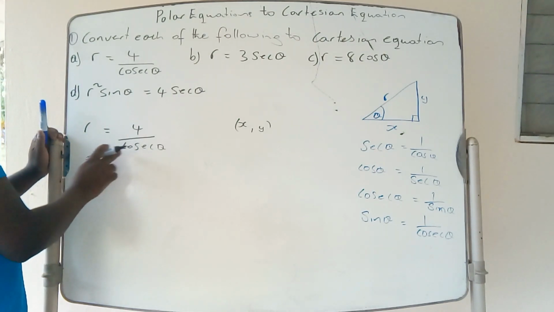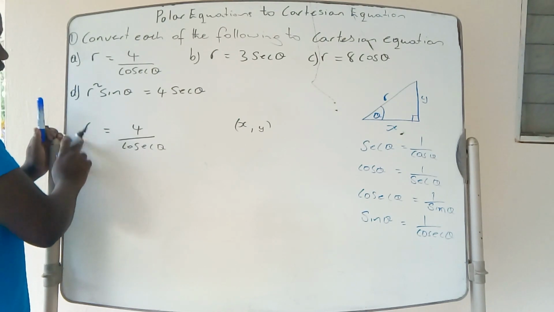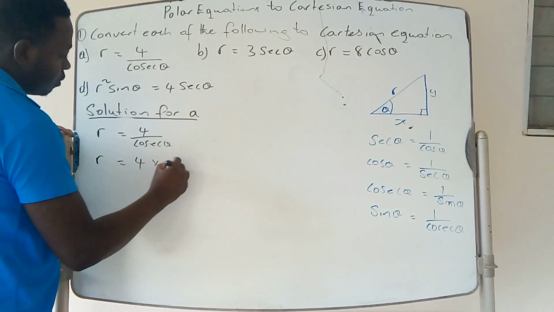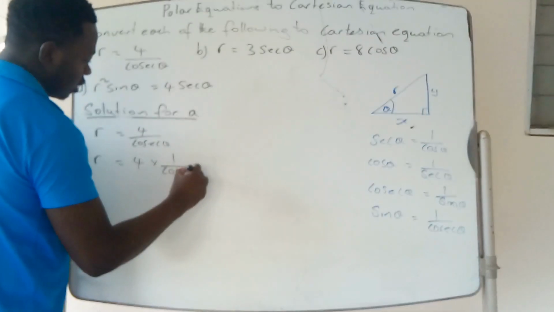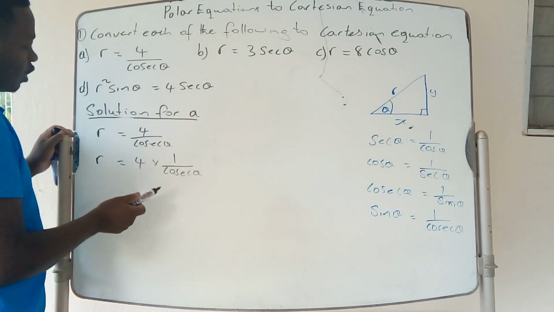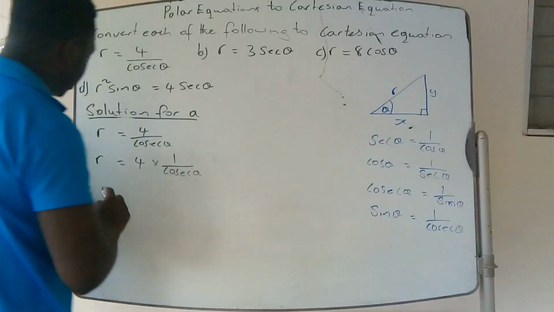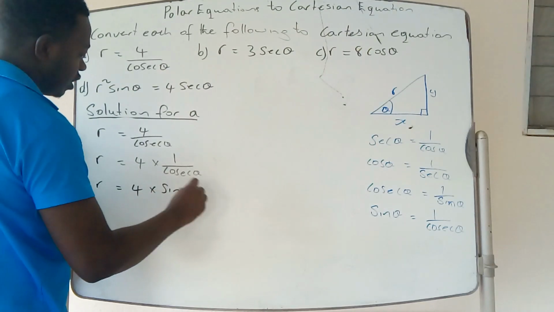So we want to get rid of this cosec theta and we want to get rid of this r. The r equal to 4 times 1 over cosec theta. But what is 1 over cosec theta? 1 over cosec theta is just sine theta. So r here is equal to 4 times sine of theta.